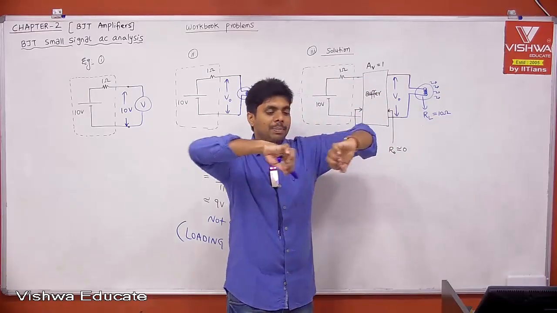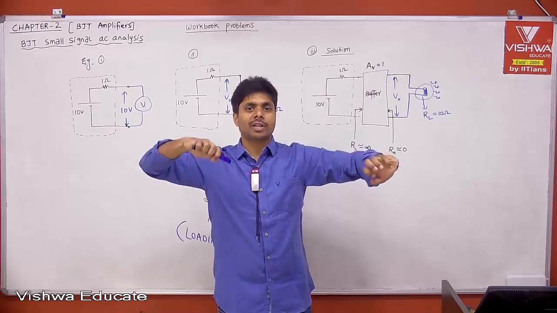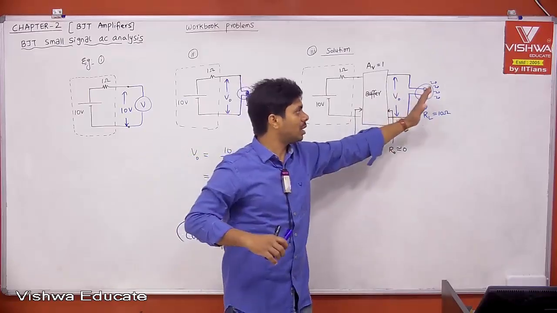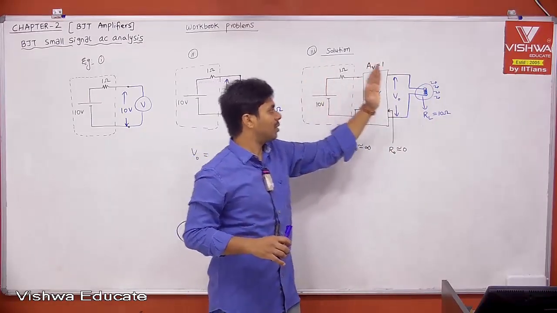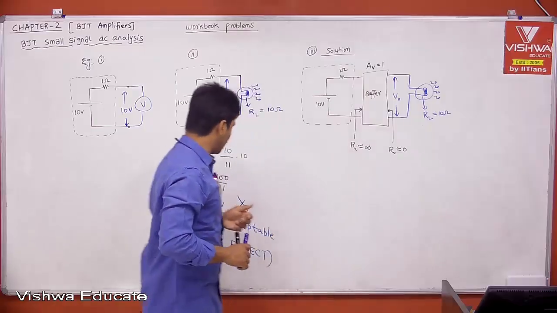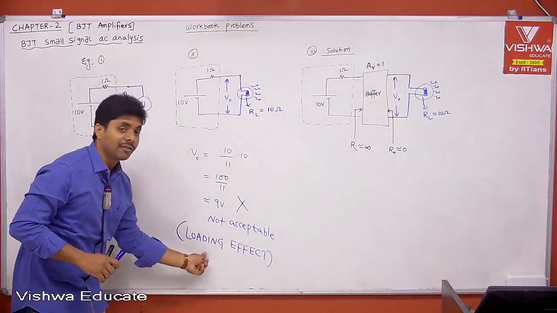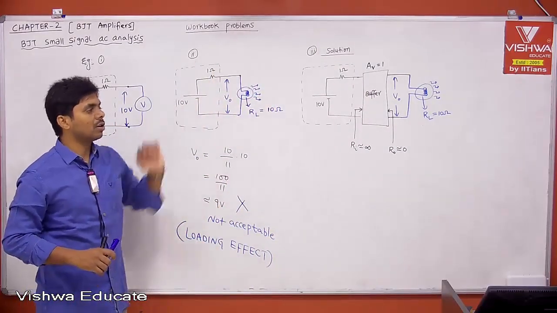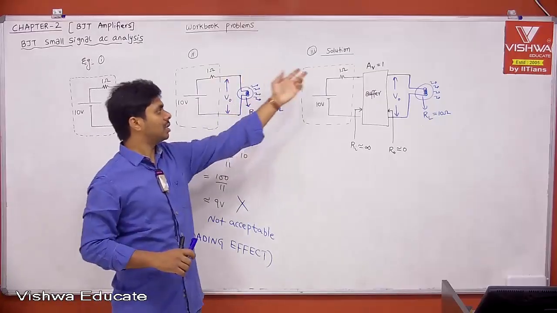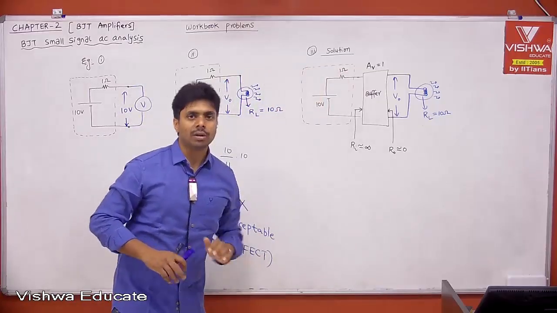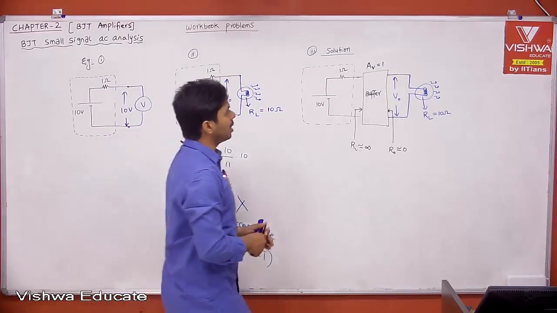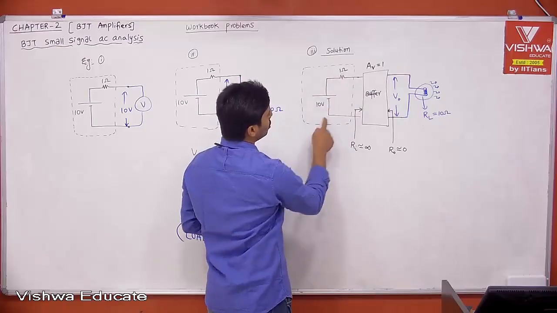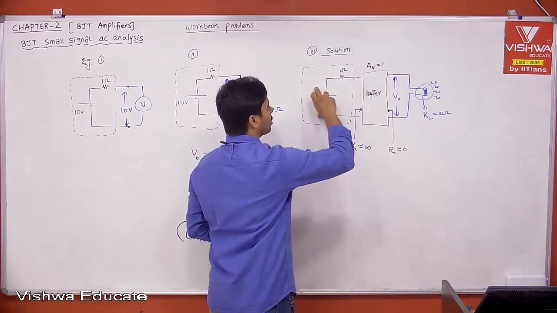Isolation is nothing but separating both of them, and there is no effect from each other. Therefore, the load is not affecting your source, and the source will not affect your load. Indirectly, we are trying to avoid the loading effect. The load effect is not there on the source, or the source effect, which is because of 1 ohm, is not there on the load. Let's see how. Tell me, with respect to your actual source, what is the load for your source?